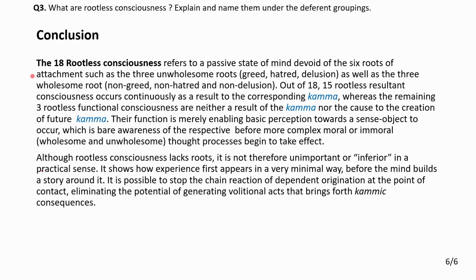Out of 18, 15 rootless resultant consciousness occur continuously as a result of the corresponding karma, whereas the remaining three rootless functional consciousness are neither a result of karma nor the cause to create future karma. Their function is merely enabling basic perception towards a sense object to occur, which is bare awareness of the respective stimuli before more complex moral and immoral thought processes begin to take effect.